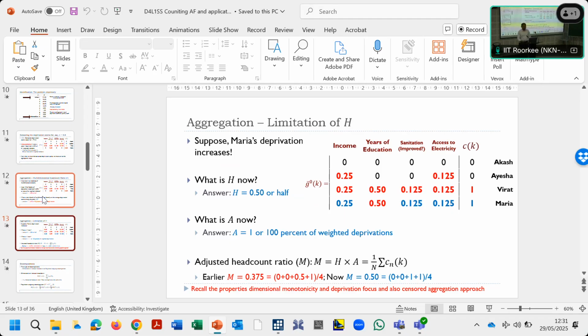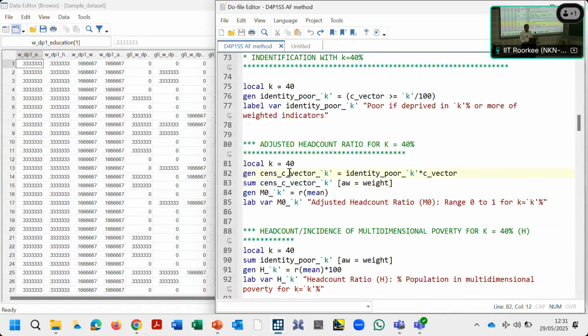So what we are doing here, first of all, is multiplying the identity poor vector, which is 1, 0, by the censored vector itself. So we will have the censored deprivation score vector, and then you just take the average of it, the mean. That's the adjusted headcount ratio. Okay, so let's run lines 81 to 85.